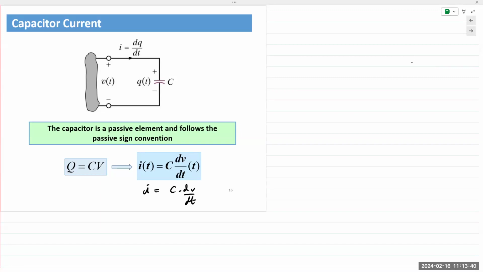This is a short derivation of where it comes from. We know capacitor comes from the capacity to store energy or store charge. And we determine Q is equal to CV for each capacitance. If we take the derivative dq over dt, dq over dt is nothing but the rate of flow of charge with respect to time, which is nothing but current.